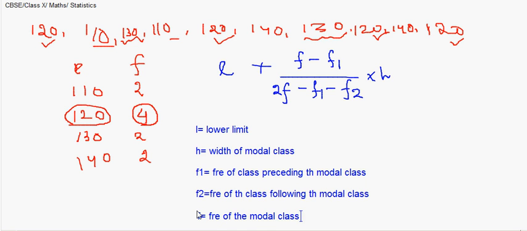Now let's take up a question wherein we apply this formula that will help us understand it better. I write it here. It says the household expenditure of manual workers in the city is given, and against it the frequencies are also given for the classes of expenditure.